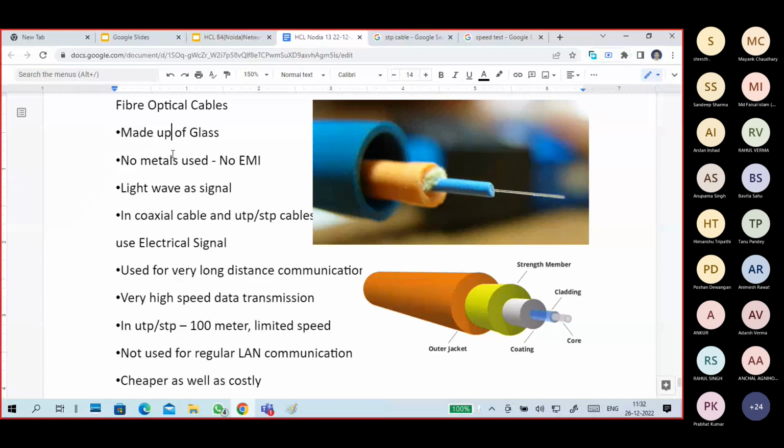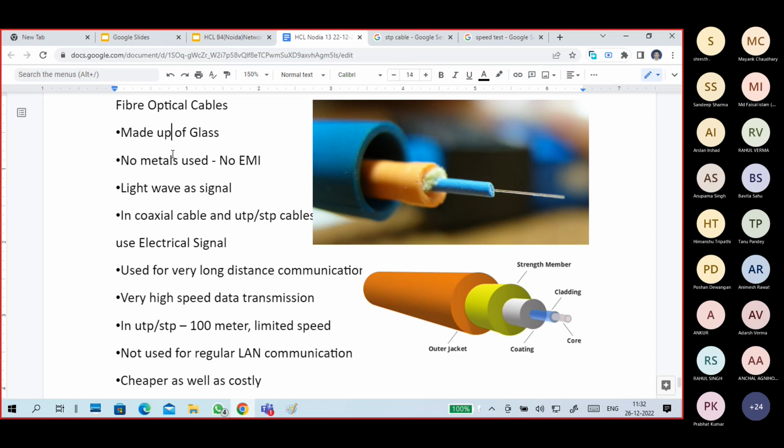The main signal is a light wave, so light has to travel. So there is no energy degradation, and light can travel a very long distance. In coaxial cable and UTP, STP cable, we use electrical signal.